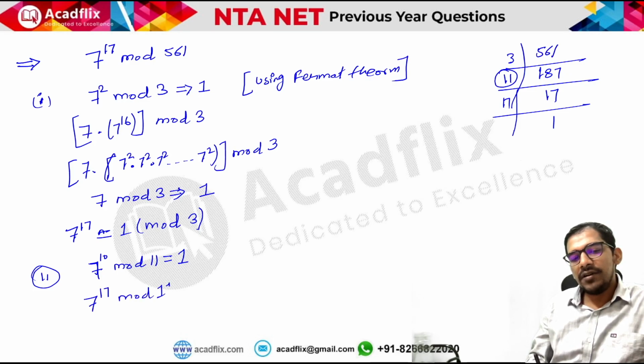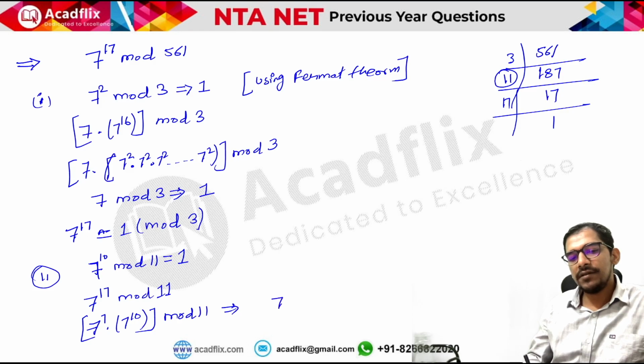So 7 to the power 17 mod 11 can be written as 7 to the power 7 into 7 to the power 10 mod 11, and this can be written as 7 to the power 7 mod 11 into 7 to the power 10 mod 11, and 7 to the power 10 mod 11 is 1 using Fermat's theorem, so this will become 7 to the power 7 mod 11.